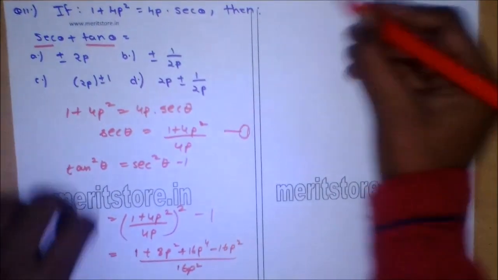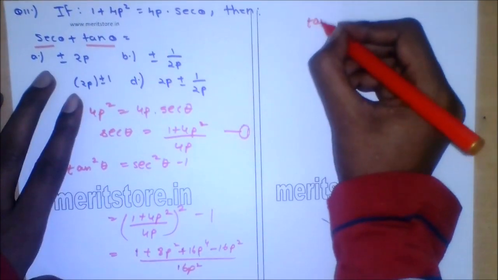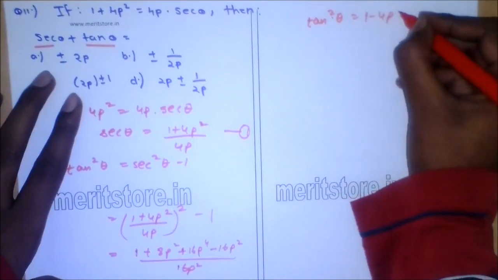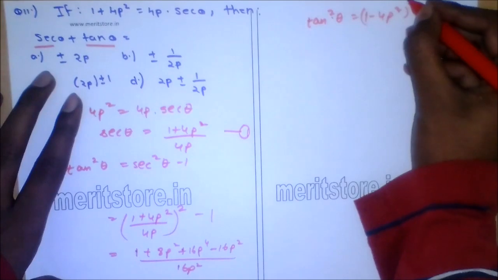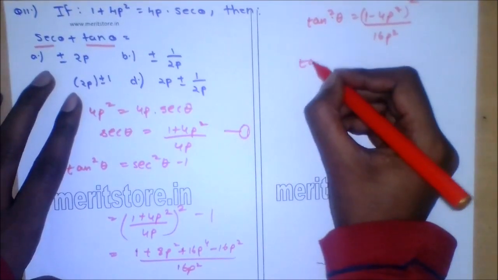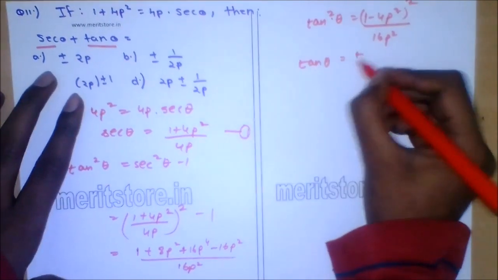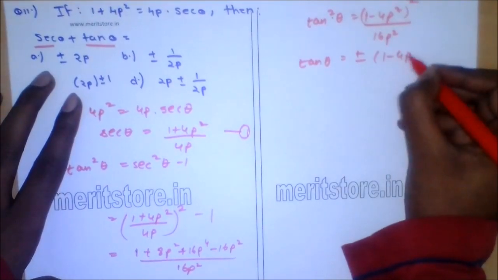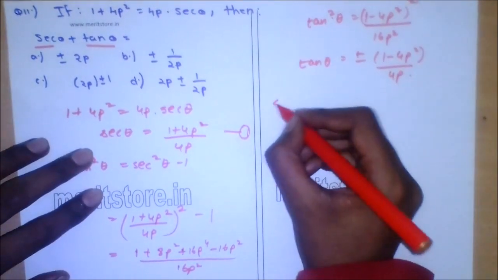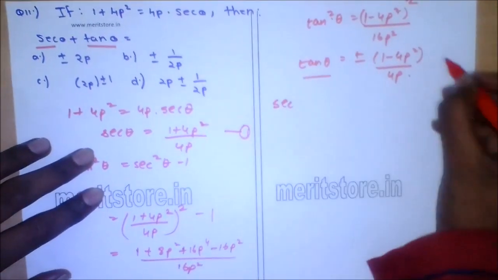We simplify this, we get tan square theta equals (1 minus 4p square) raised to 2 divided by 16p square. So that is tan theta equals plus or minus (1 minus 4p square) upon 4p. So we have tan theta now.